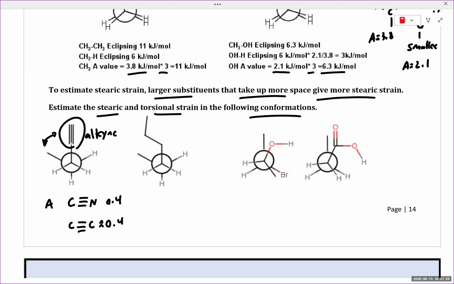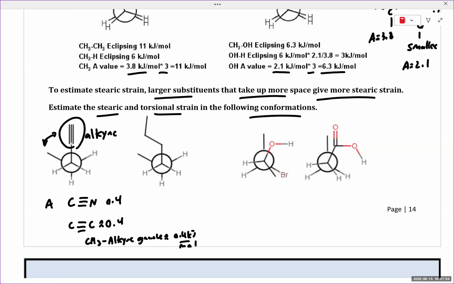So then, for a methyl alkyne gauche interaction, I'd estimate about 0.4 kilojoules per mole of strain. This is estimation, but you just want to get in the general ballpark for the amount of strain. And A values are a great way of doing that.